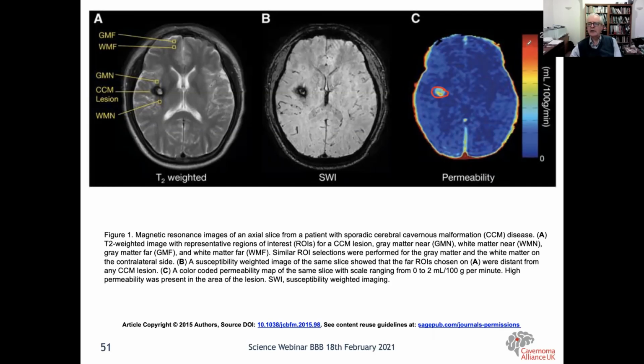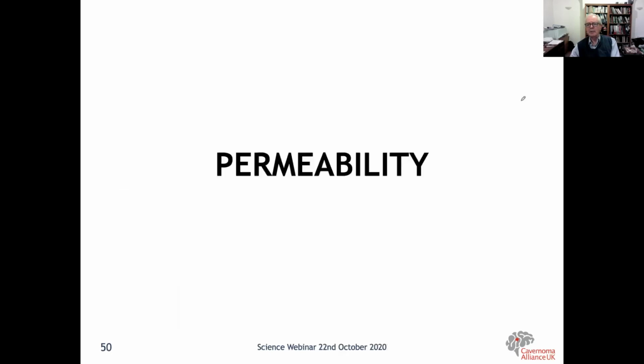And here is a scale that is measured in milliliters of leakage per 100 grams of cavernoma. Whoever has heard of a 100-gram cavernoma per minute? So you've got to convert those numbers to what they will be in reality. So it's per 100 grams. How heavy is a cavernoma?